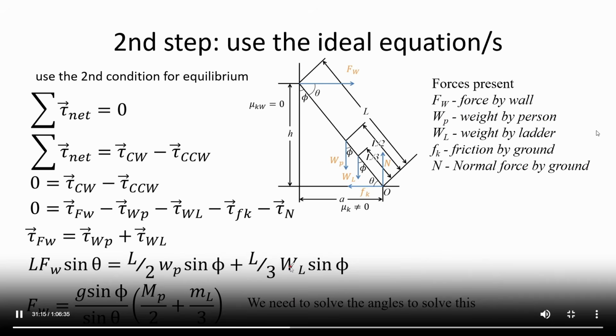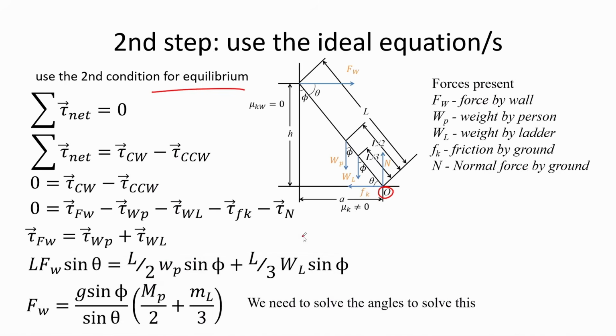Let's go. So we use the second condition for equilibrium. We will consider this point here as the point of rotation. Since the wall is smooth, it would probably slide, but friction holds it, so there is probably no rotation. Again, we sum clockwise or counterclockwise torques using the forces available. So first is this one, the force by the wall.